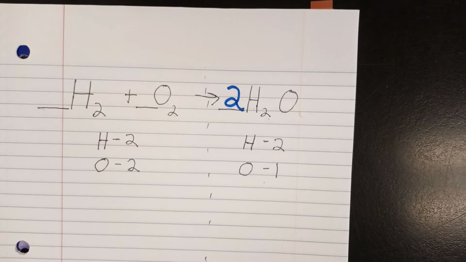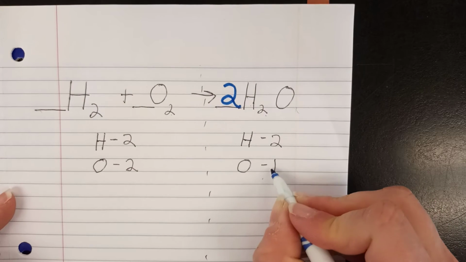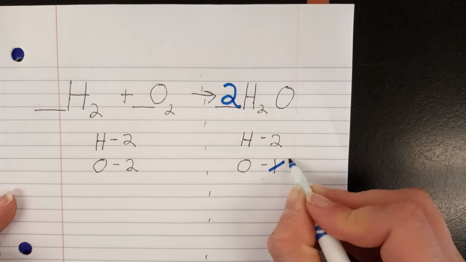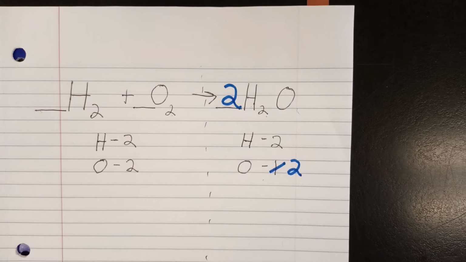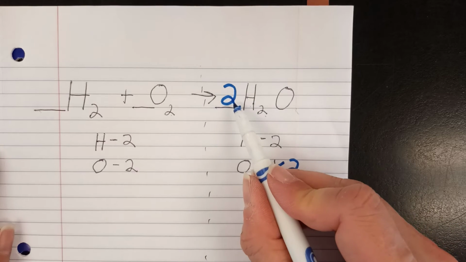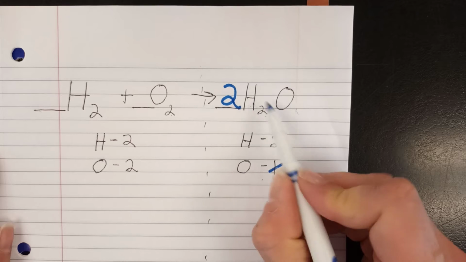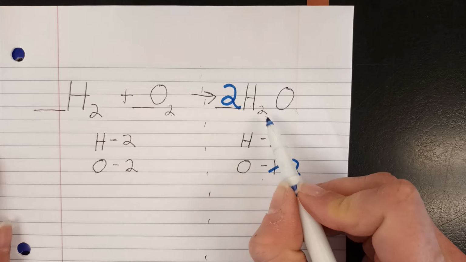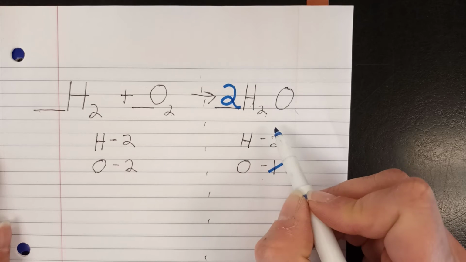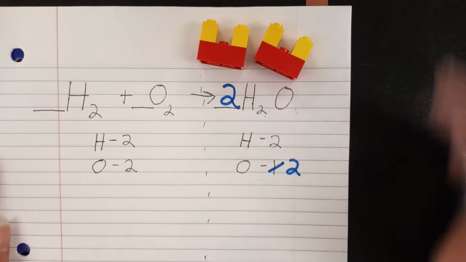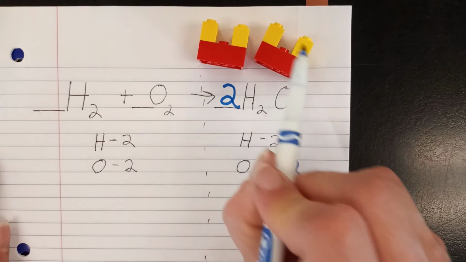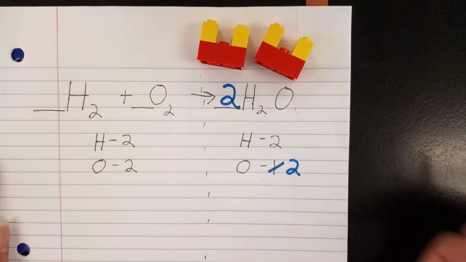Okay. Now when I do that, I'm going to come back and change how many counts I have. Now I have 2 oxygen atoms. But because I put this 2 here, I also have more hydrogen. I had 2 hydrogen, but now I've got 2 water molecules, which will have, right, a total of 1, 2, 3, 4 hydrogens, right? We're going to multiply.